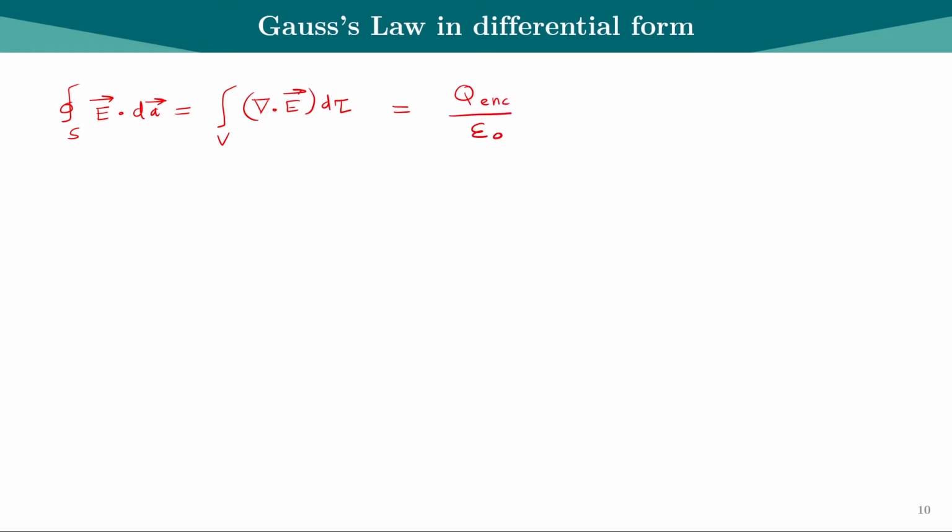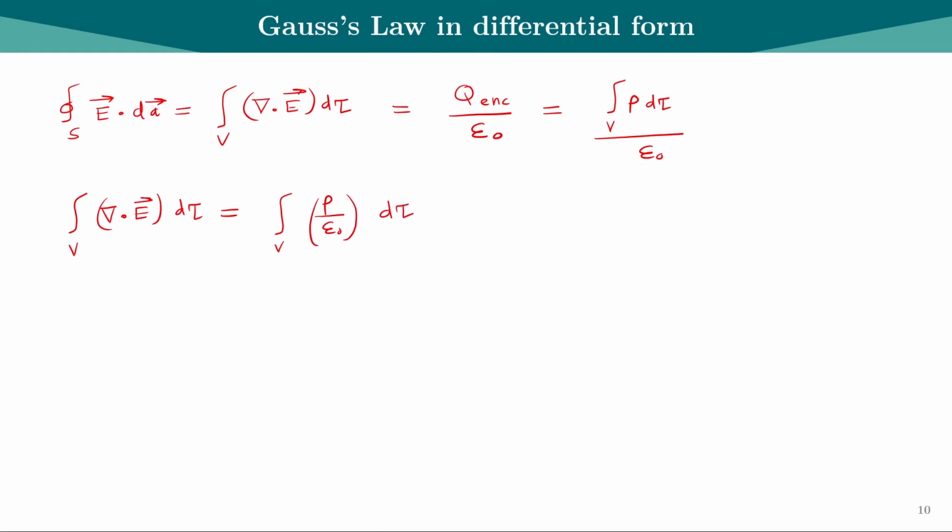When we rewrite Q enclosed in terms of the charge density rho, we have this equal to the integral over V of rho d tau over epsilon 0. And hence Gauss's law becomes volume integral of del dot E d tau equal to volume integral of rho over epsilon 0 times d tau.